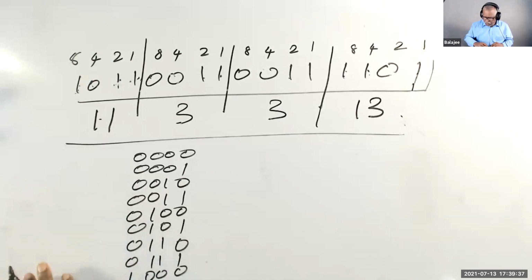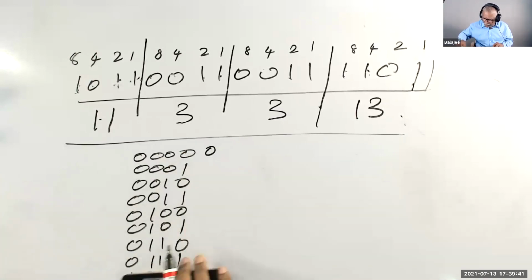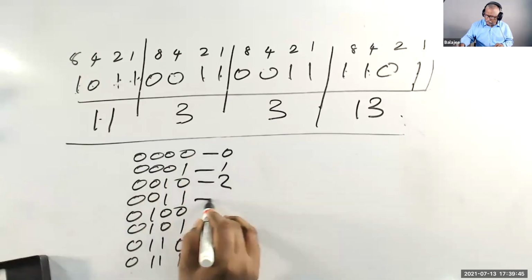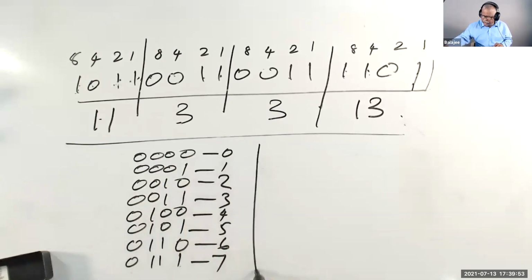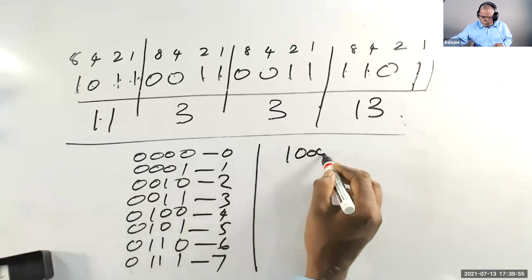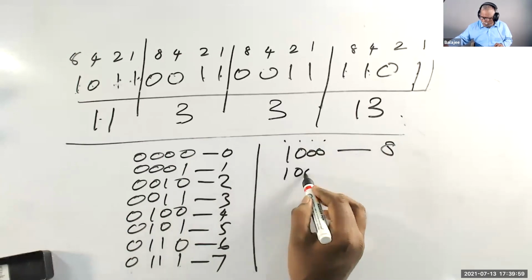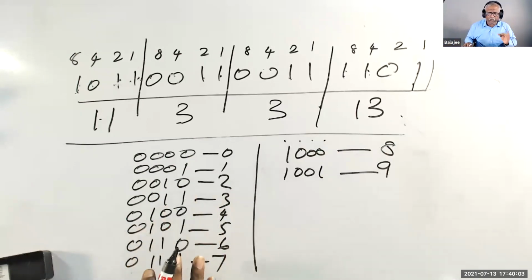Up to this, 0 to 7, we can take. Now, when I write 1000, I get 8 because 1, 2, 4, 8. 1001, I get 9. That's why I told you to be very good at part 1. Then you can understand these things very fast.